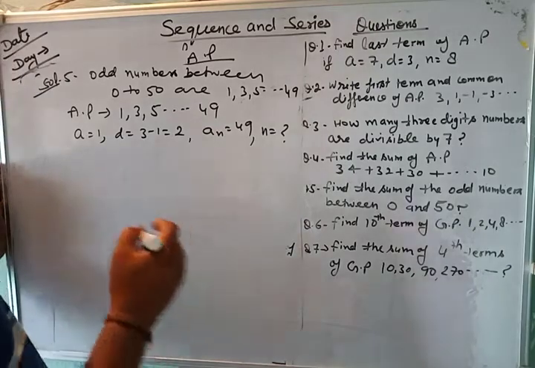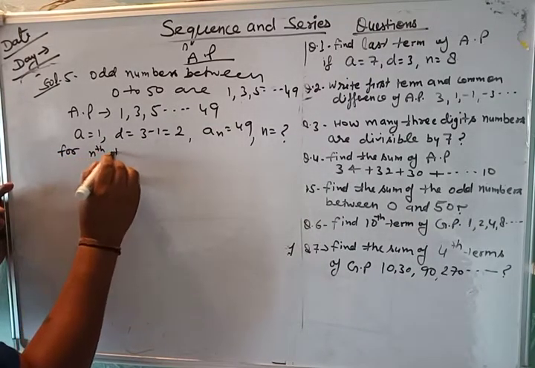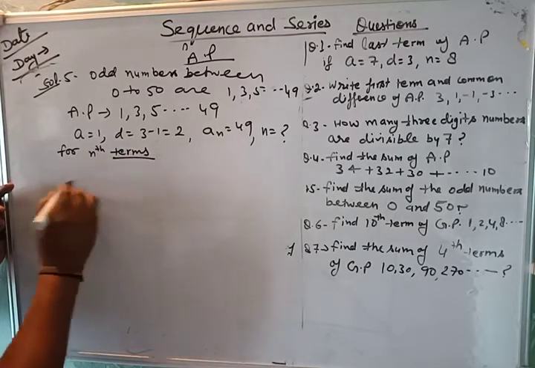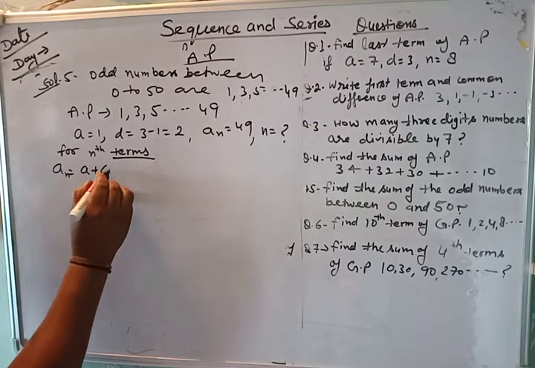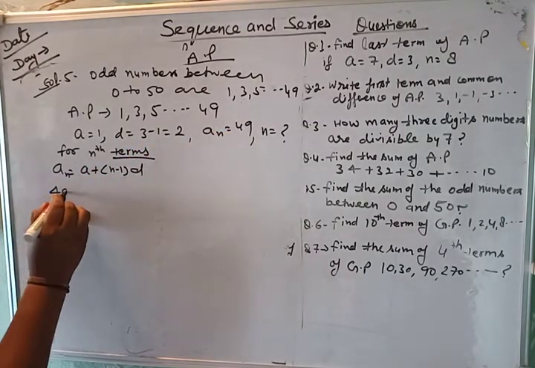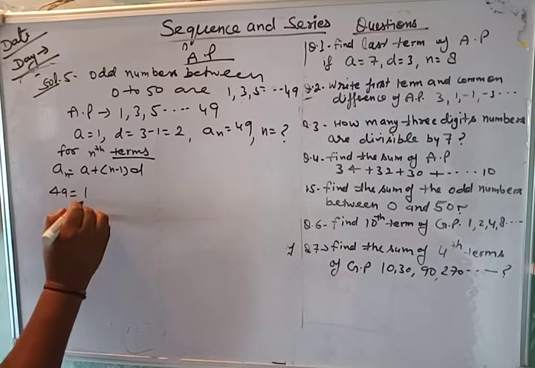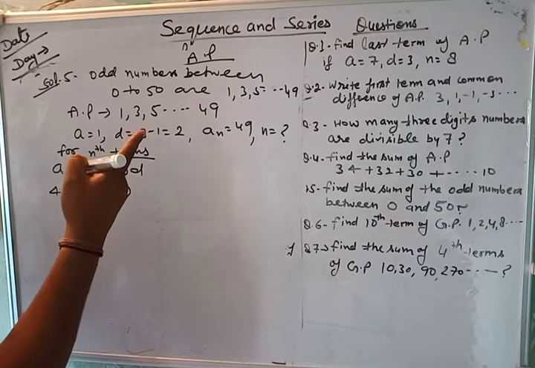So then for n terms, the formula we use is an equal to a plus n minus 1 into d. Same, an equal to 49, a equal to 1 plus n minus 1, d equal to 2.